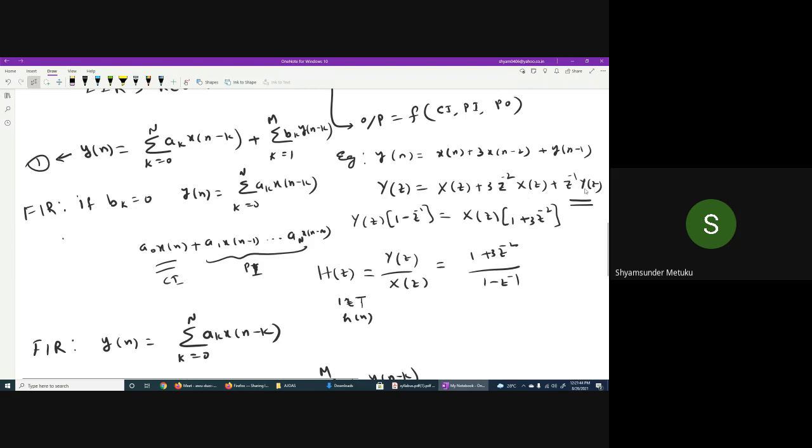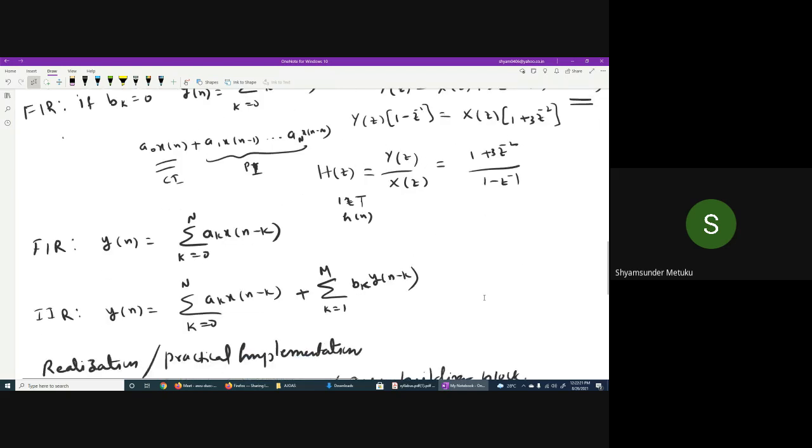Because this equation has both Y(z) and X(z), to get the transfer function it should be the ratio of the output z-transform to the input z-transform. So you separate the Y terms and X terms. z^-1 Y(z) can be brought to the left-hand side, so it becomes (1 - z^-1) Y(z), and taking X(z) common on the right-hand side, it becomes (1 + 3z^-2) X(z). Finally, H(z) = Y(z)/X(z) = (1 + 3z^-2)/(1 - z^-1).